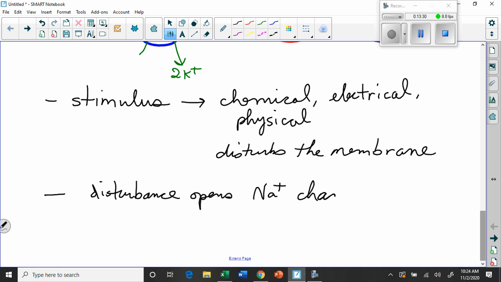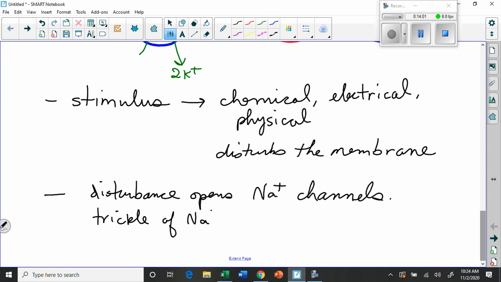Now, I'm simplifying this a little bit because it turns out there's actually 2 types of sodium gate. There's an activation gate and an inactivation gate, kind of. And so, because there's 2 different types of sodium channels, we're going to sort of compress their action into one action to keep it simpler. The sodium channel opens, and what begins to happen is we get a trickle effect.